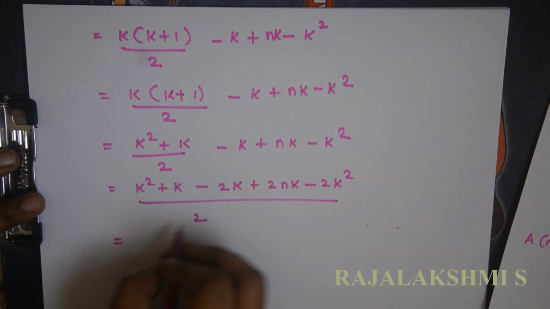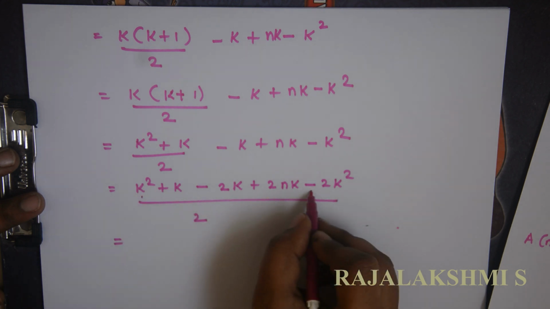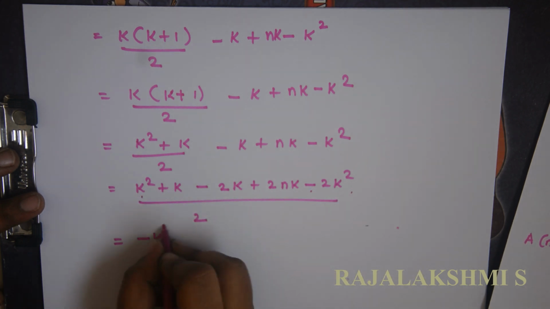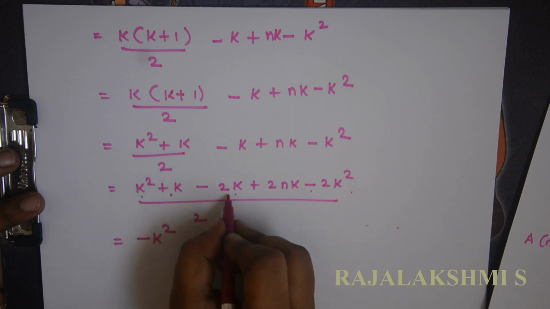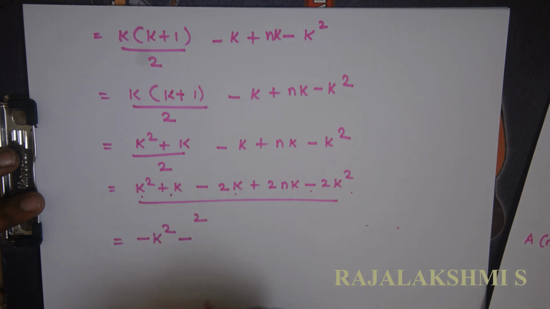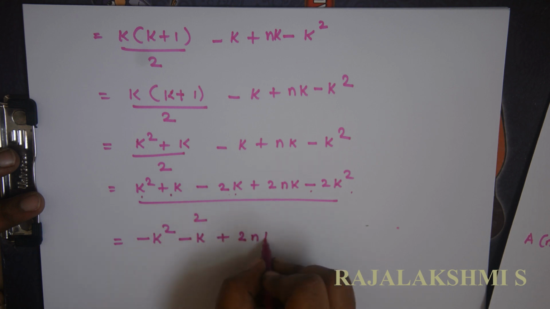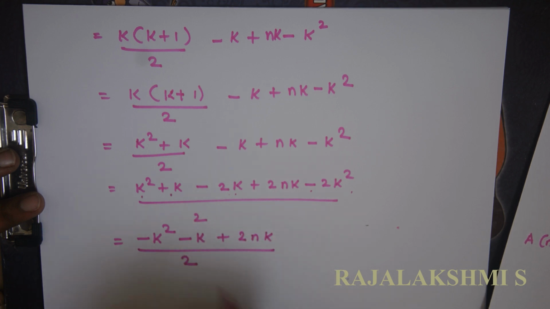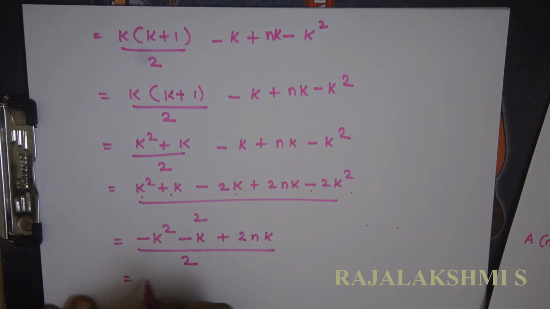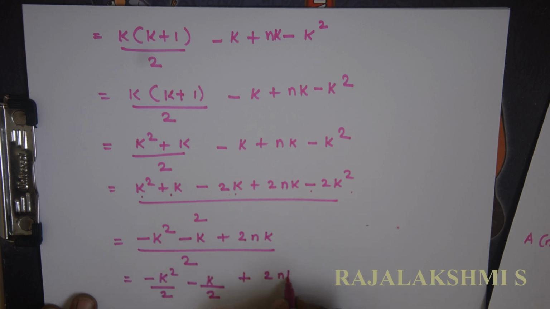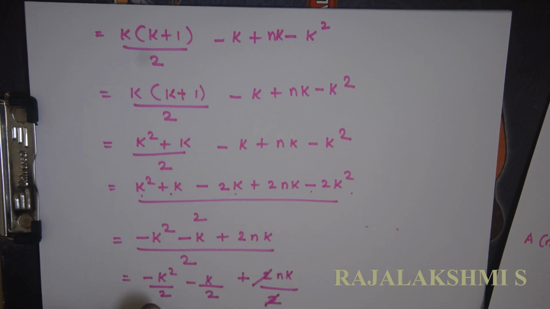So on further simplification, we will be having K square minus 2K square, so it will be minus K square. Here K minus 2K, so we will be having minus K plus 2NK divided by 2, right? Okay, so we will write it as minus K square by 2 minus K by 2 plus 2NK divided by 2, and this 2 and this 2 get cancelled. So further simplification cannot be done.